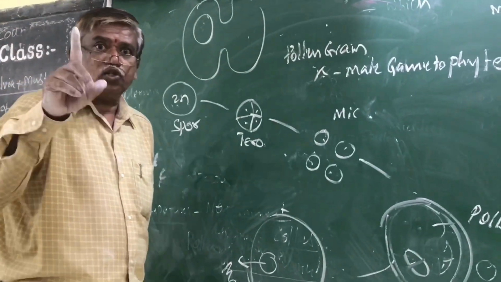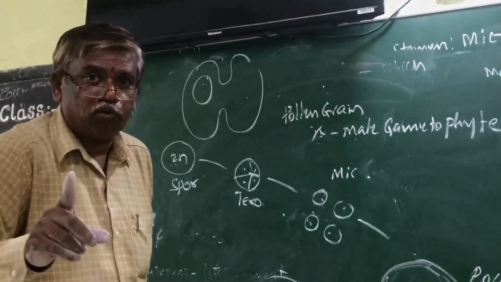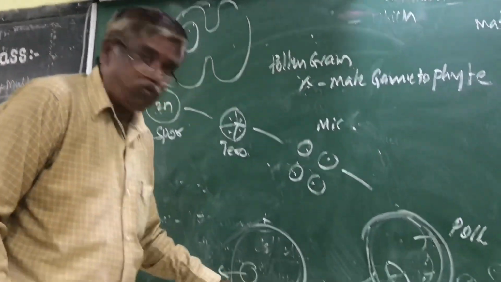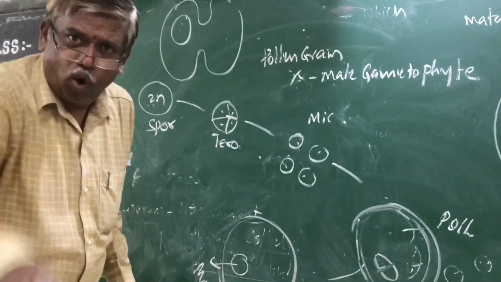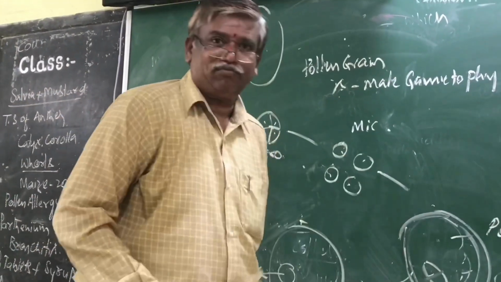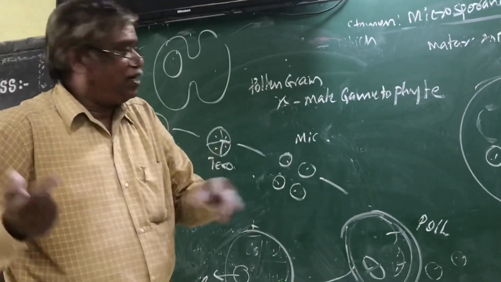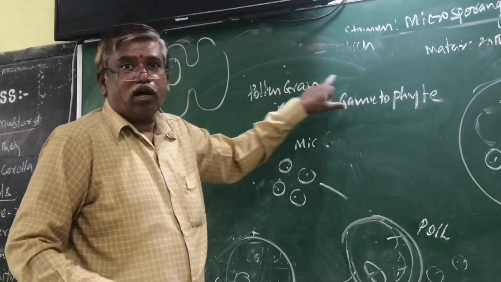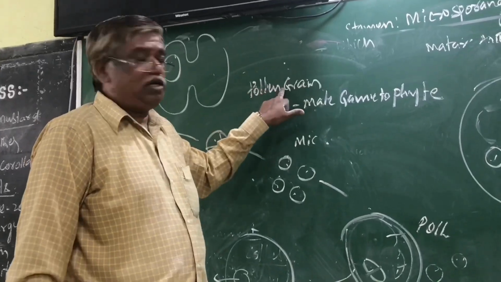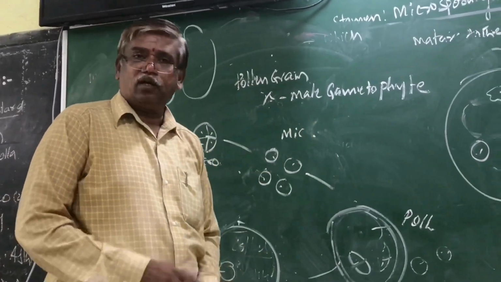So in all angiosperms, formation of male gametes requires formation of pollen grain. Without pollen grain, there is no male gametophyte. The pollen grain is called the male gametophyte.